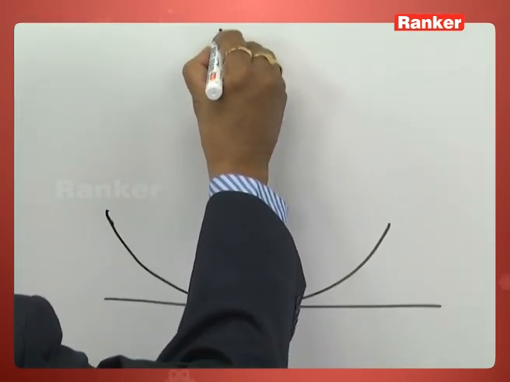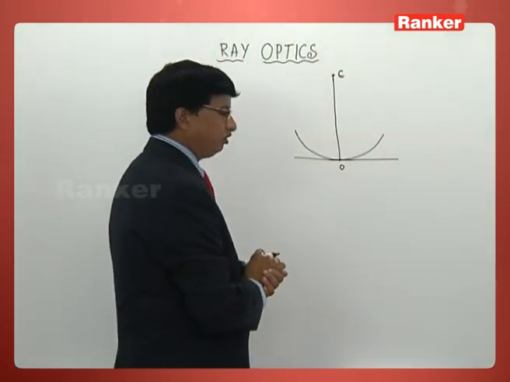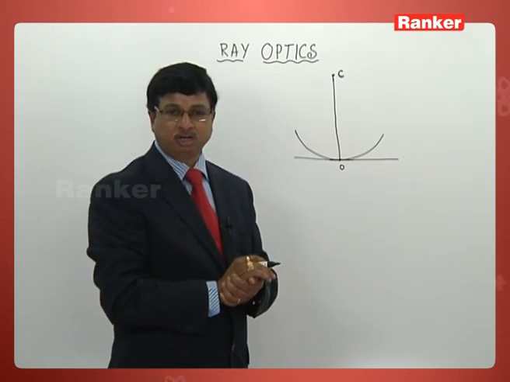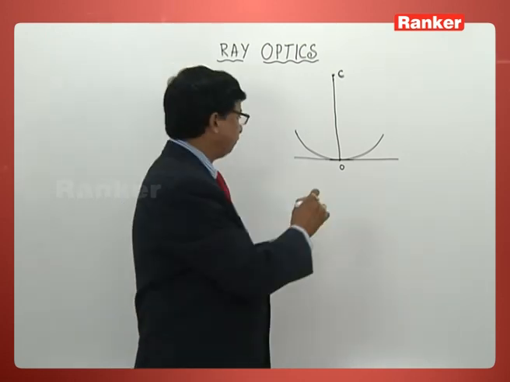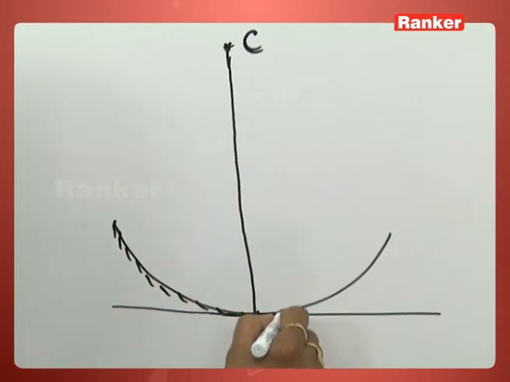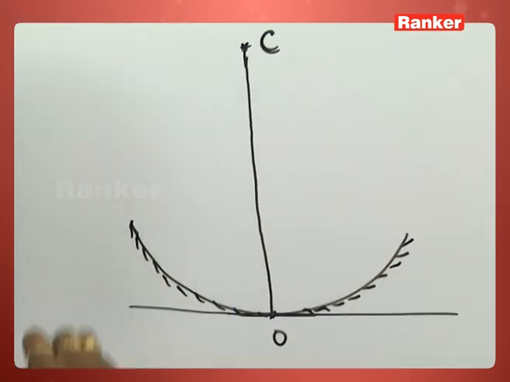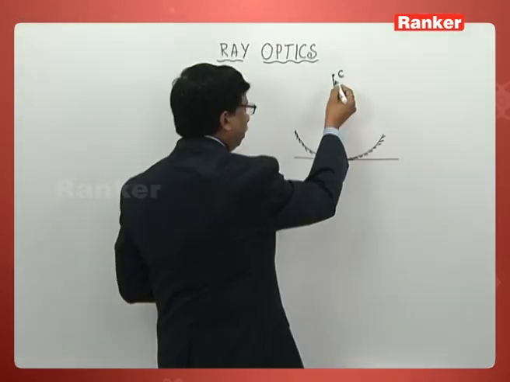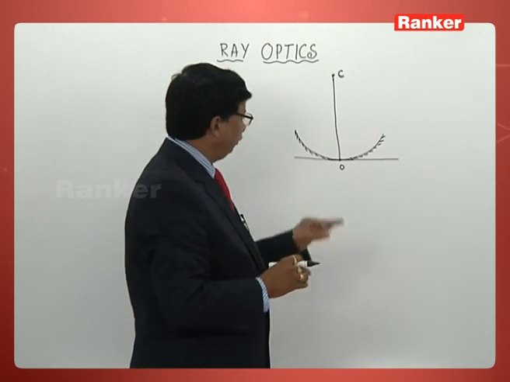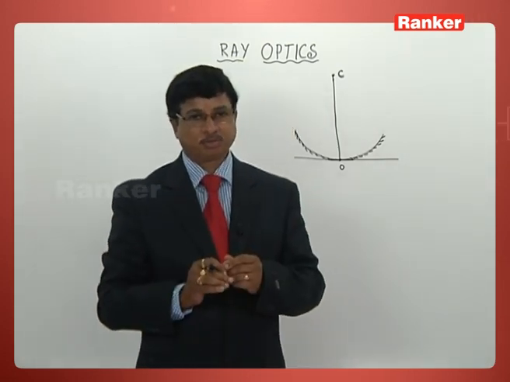And you can say this is the point called C, which is the center of curvature of that concave mirror. So, you can now say this is a silvered surface, and it is a concave mirror. This is the pole, that is the center of curvature, placed on a flat table.